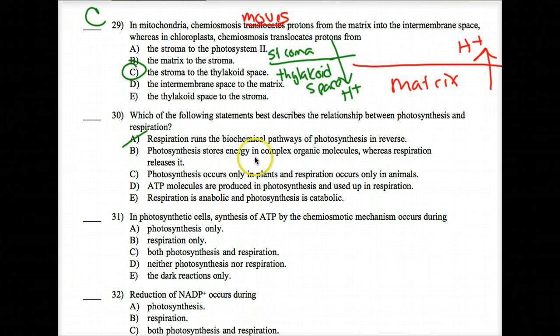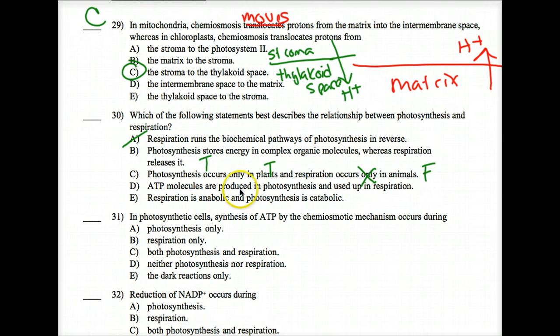B, photosynthesis stores energy in complex organic molecules, whereas respiration releases it. So that basically says photosynthesis makes sugar and respiration breaks it down. That's probably true.